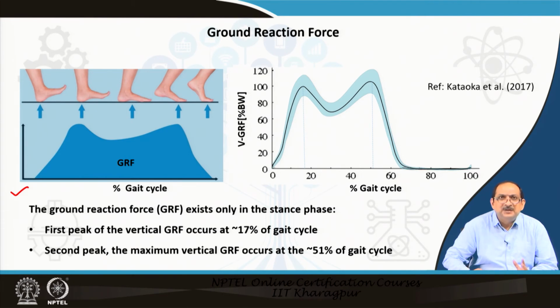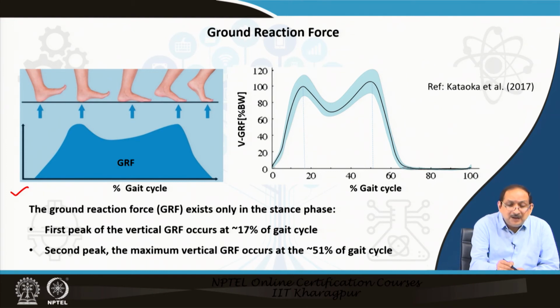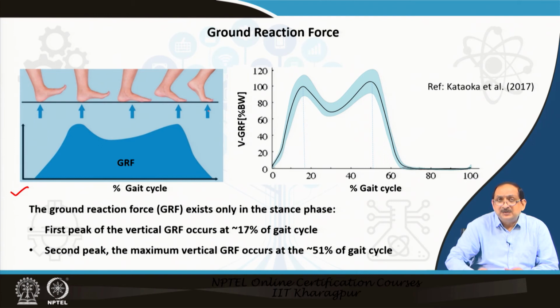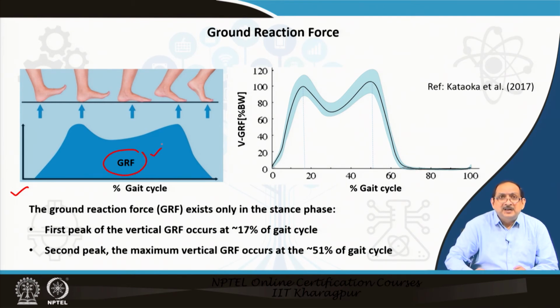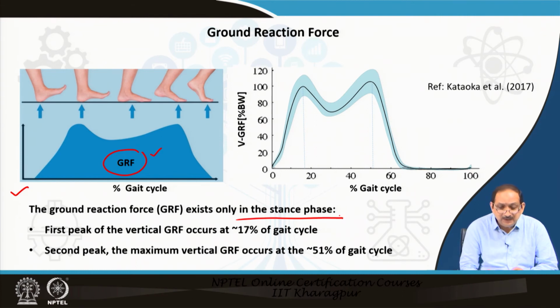The figure on the left presents the variation of ground reaction forces during the gait cycle, and if we are considering, say, the right leg, as long as the right leg is in contact with the ground, that is during the stance phase only, we are getting a ground reaction force from the ground. So, the ground reaction force exists only in the stance phase.